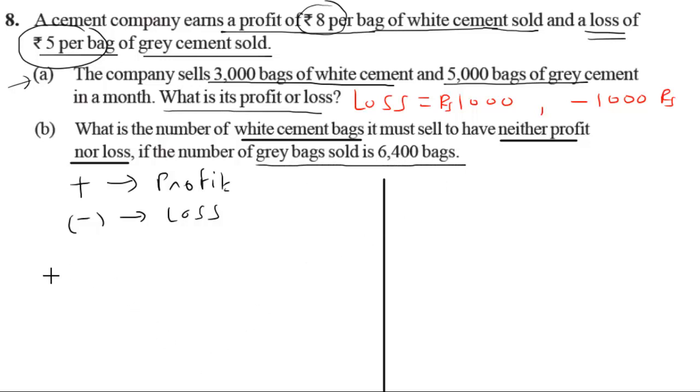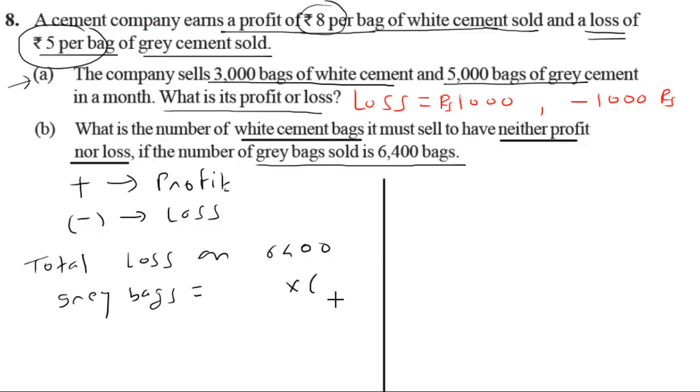After selling the grey bags, on the grey bags the company is incurring a loss. So the total loss on 6400 grey bags, where on each bag the loss is minus 5 and the bags sold are 6400.